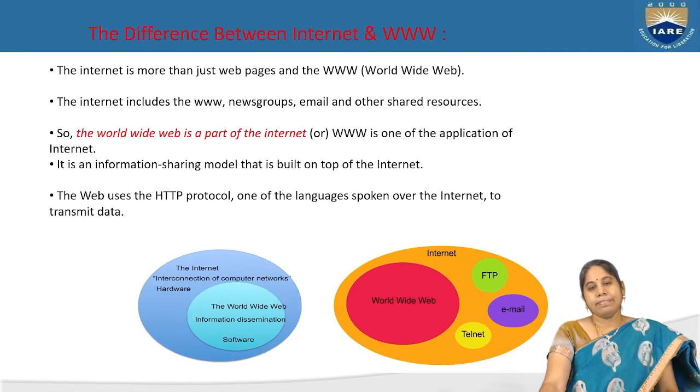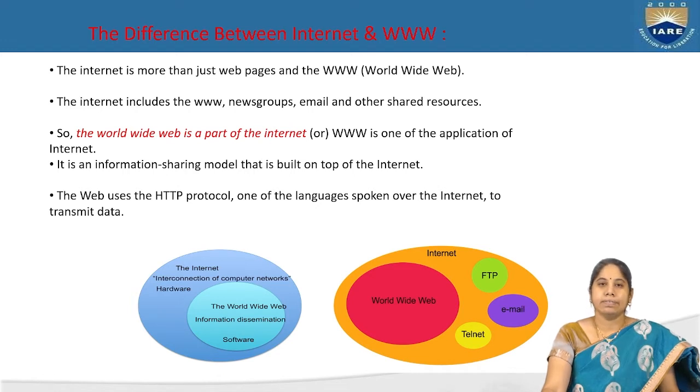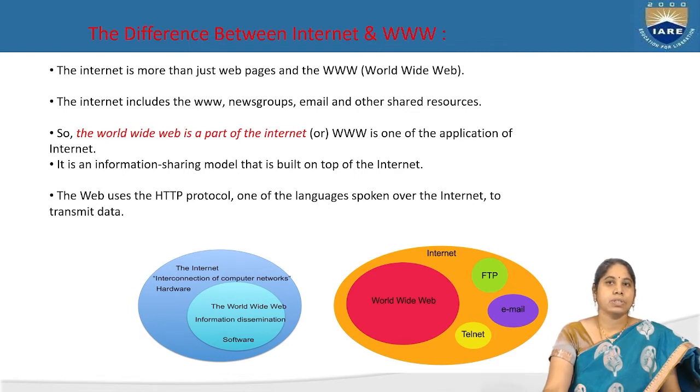What is the main difference between the Internet and the World Wide Web, WWW? The internet is more than web pages, and WWW is a collection of web pages. The internet includes the WWW, the collection of web pages, as well as newsgroups, email and all other shared resources.